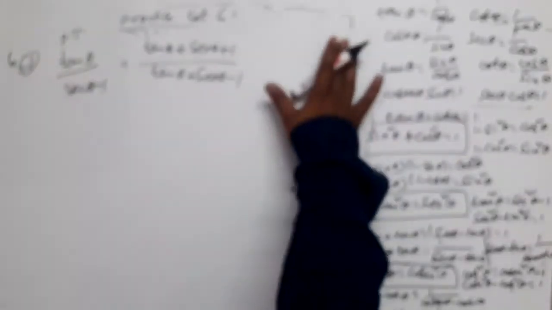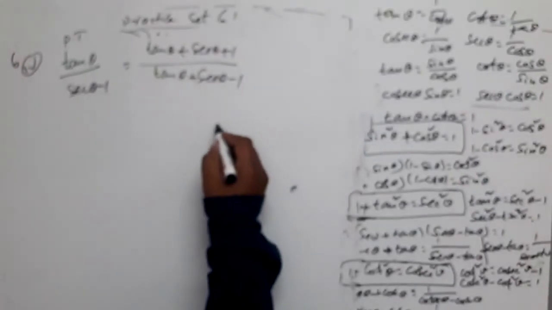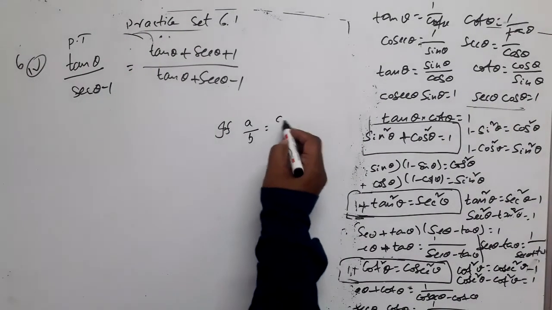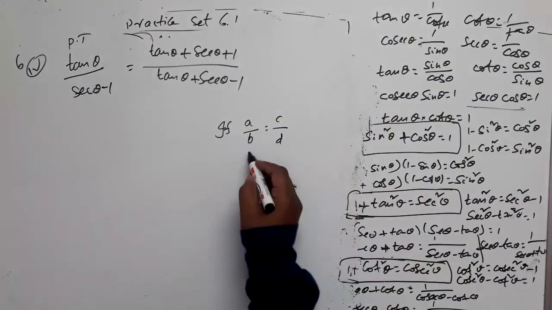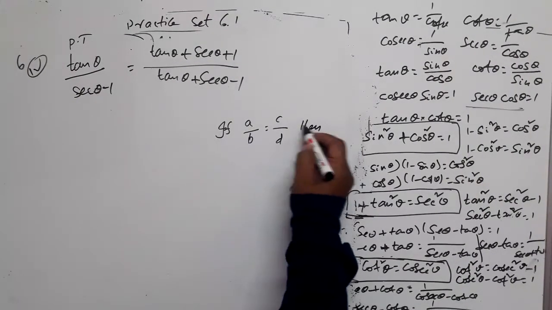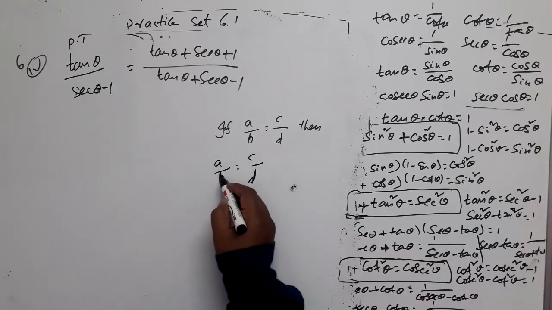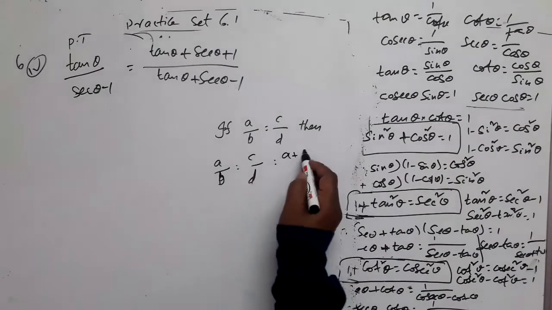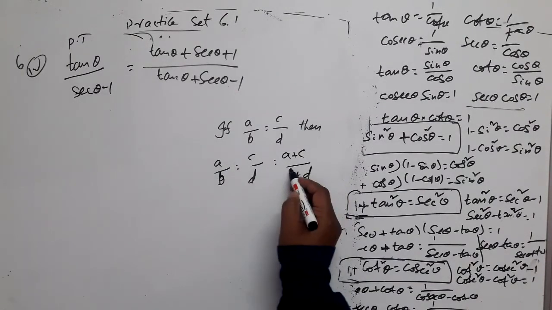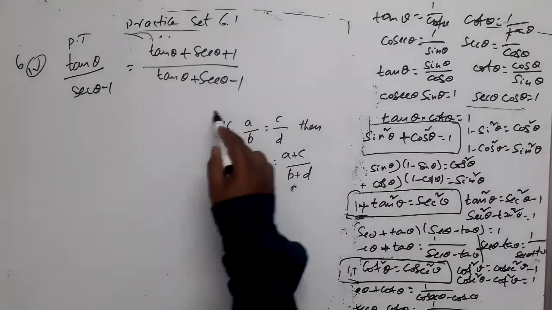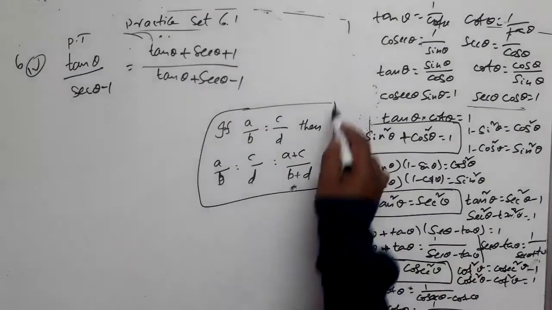See, do you remember the theorem of equal ratios? Theorem of equal ratios, what it says: if a by b is equal to c by d, then each of the ratios is equal to a plus c by b plus d. Of course, the denominator b plus d should not be equal to 0.